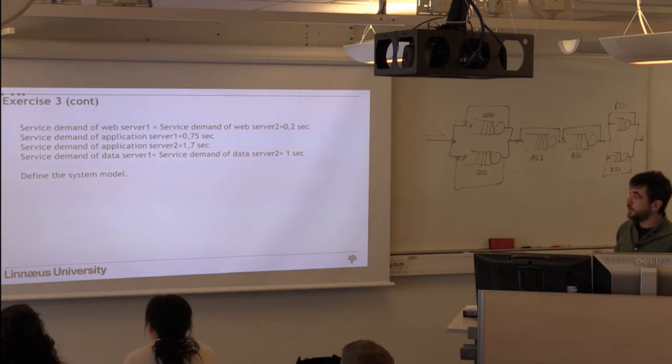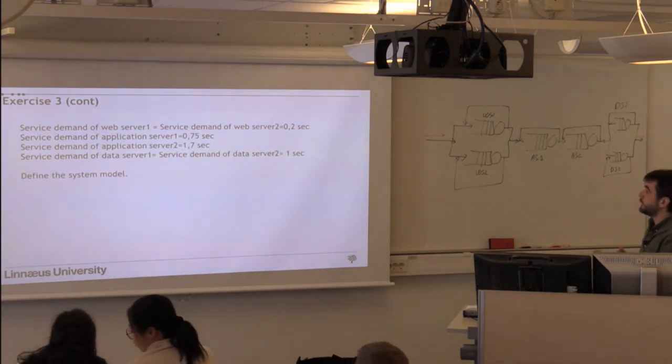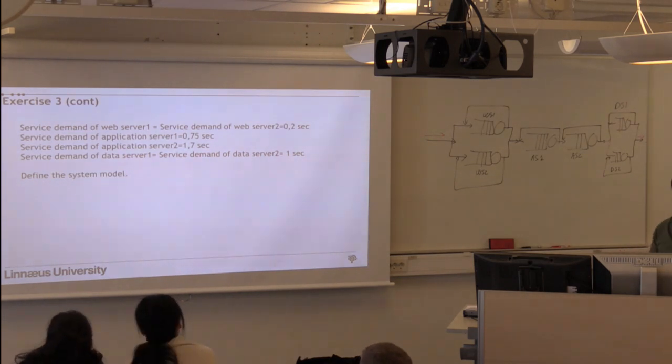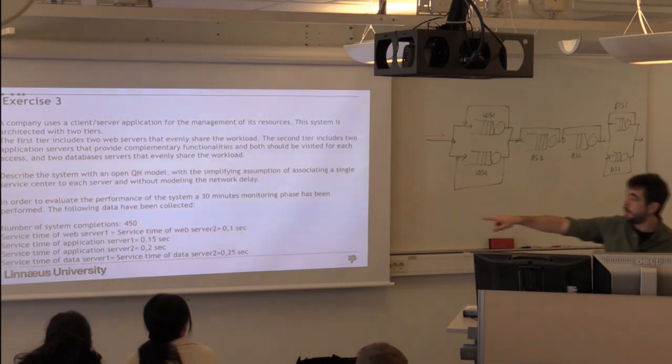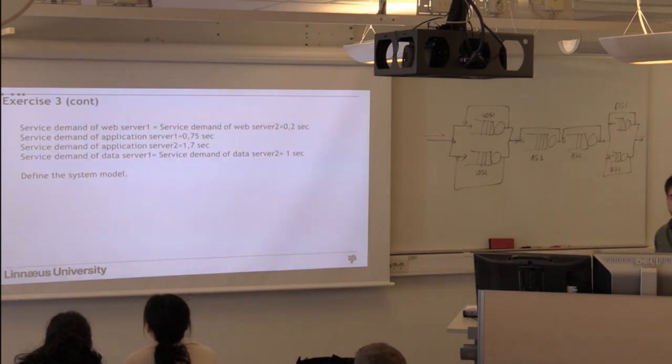And we have also seen the demand. So the service demand of web servers were the same, 0.2 seconds, and their service time were 0.1. So what does it mean now?